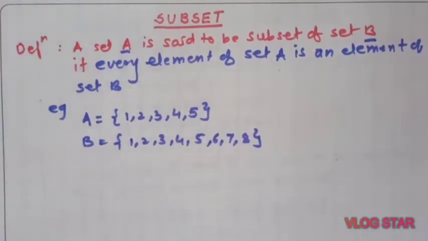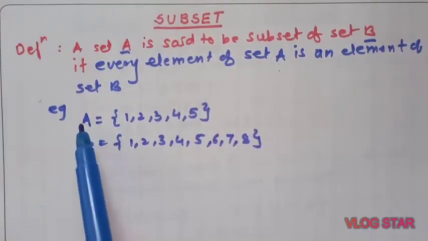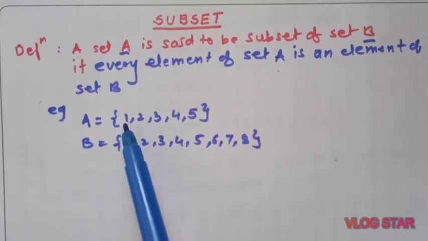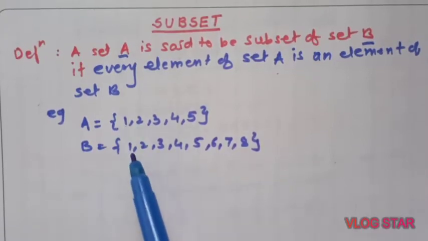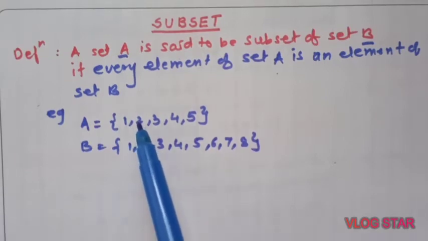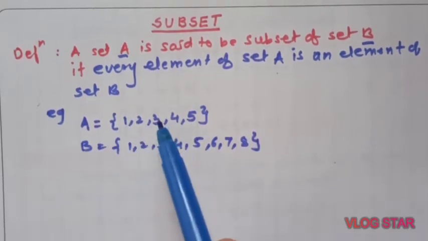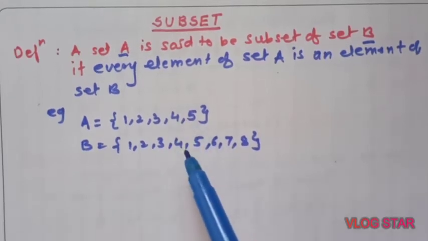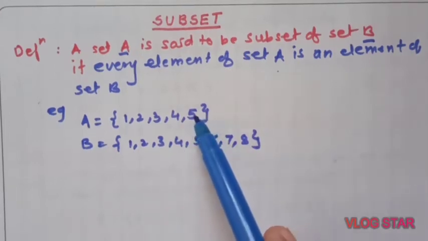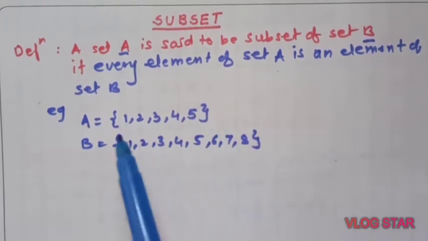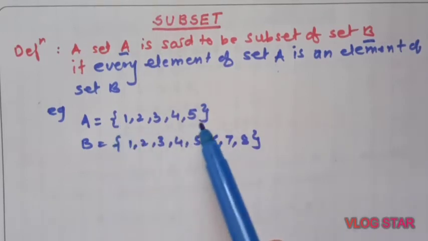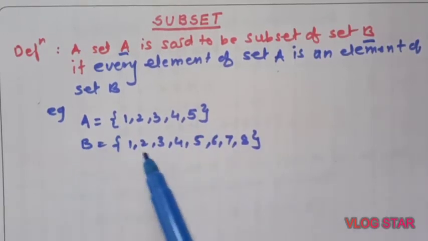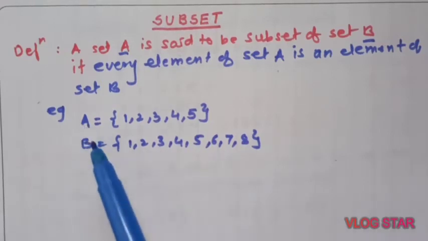Now we'll verify our condition of subset. 1 is a member of set A which is also a member of set B. 2 is a member of A that is in B. 3 is a member of A that is also in B. 4 is a member and it belongs to B. 5 is a member of A, it belongs to B. Means each element, each member of A is also a member of B. Means A is a sub part of B. In that case we say that A is a subset of B.